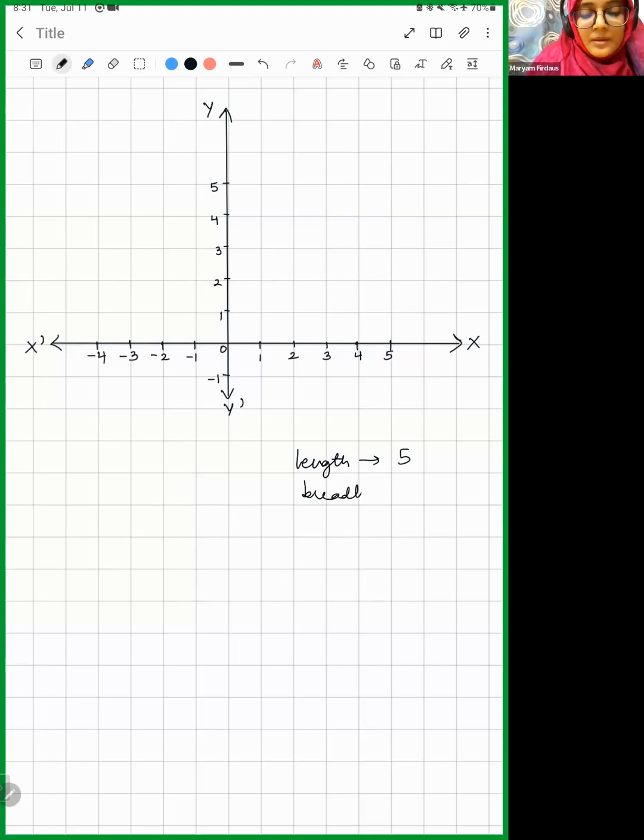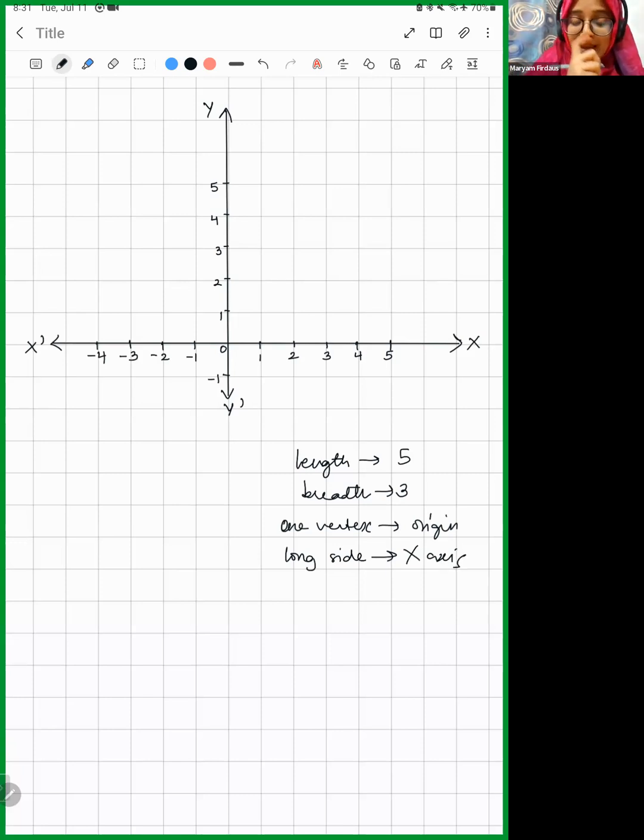Breadth is 3 units. One vertex is at the origin. The longer side lies on the x-axis. And one vertex lies in the third quadrant.